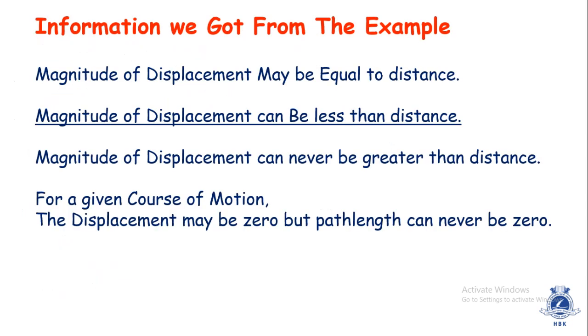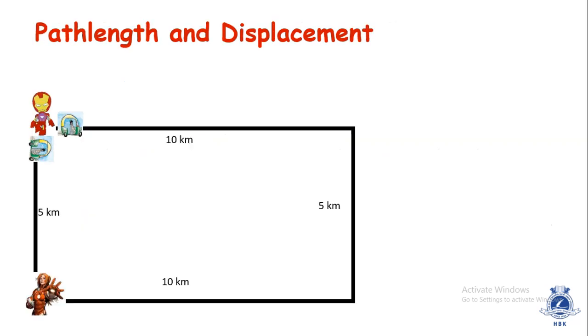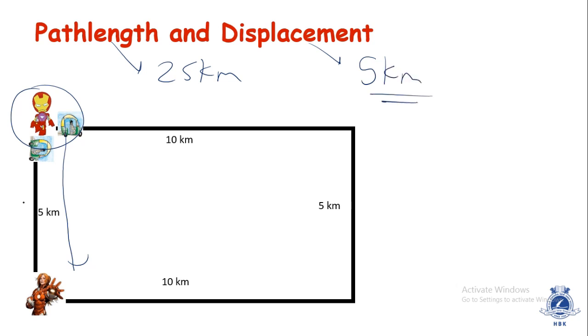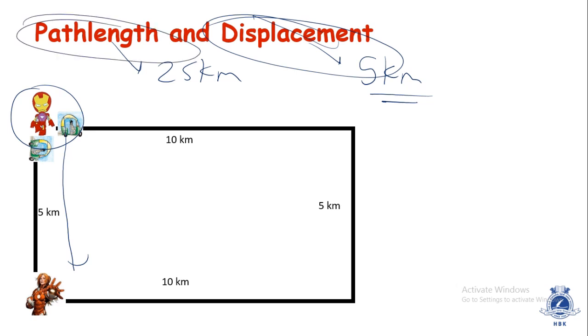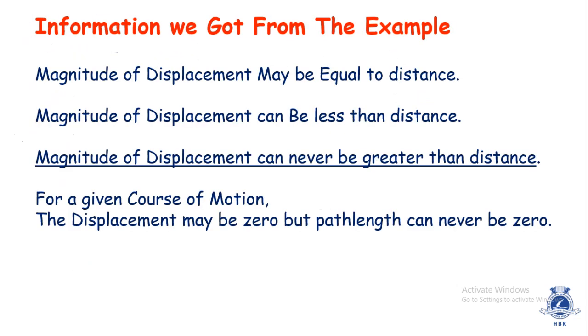Let's see the next point. Magnitude of displacement can be less than distance. Just now we saw, if he is not moving along the straight path, path length is 25 kilometer and displacement is 5 kilometer. So in this particular case, the magnitude of displacement is less than the magnitude of path length. Next, magnitude of displacement can never be greater than the distance.